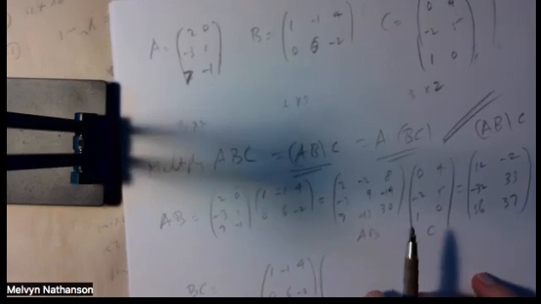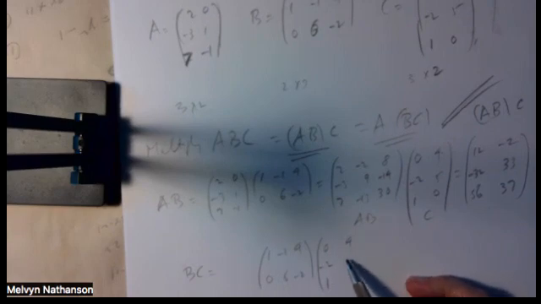And what about A times BC? So I have to multiply B times C. B times C is 1, minus 1, 4, 0, 6, minus 2, times C, 0, minus 2, 1, 4, 5, 0.